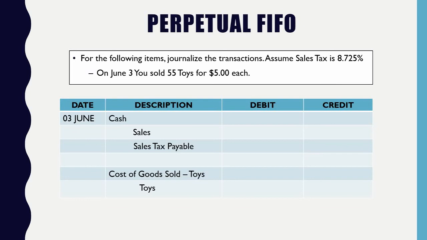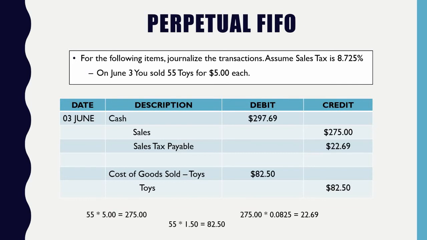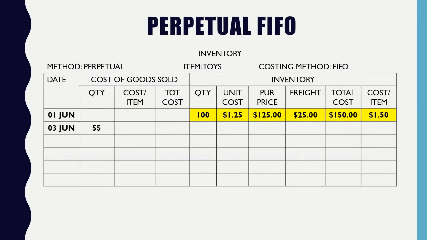Now, of course, when you journalize it, you journalize your sales, but the cost of goods section is where you're going to start calculating how much it costs you to sell those items. So by looking here, we're going to plug 55 units into my inventory under the cost of goods sold section. Now, look at my batch of inventory.